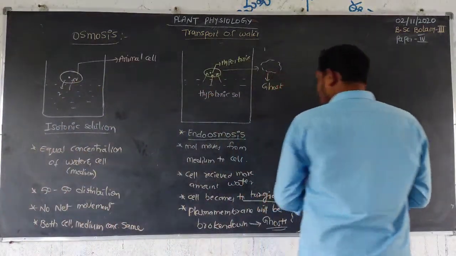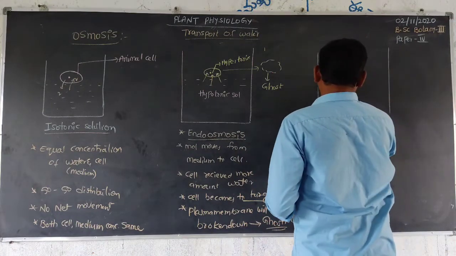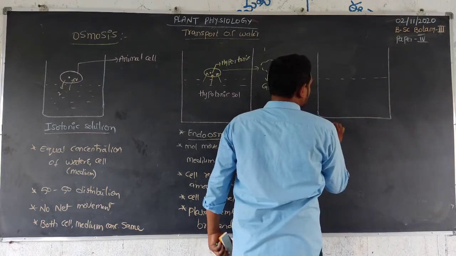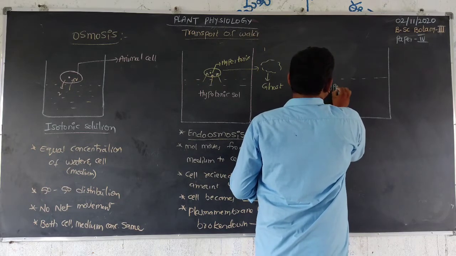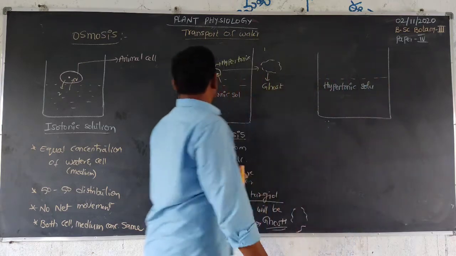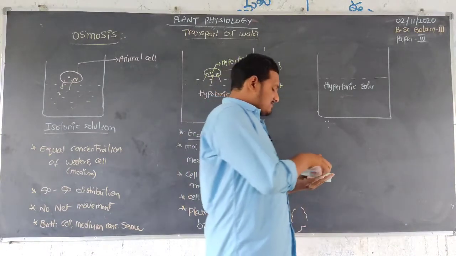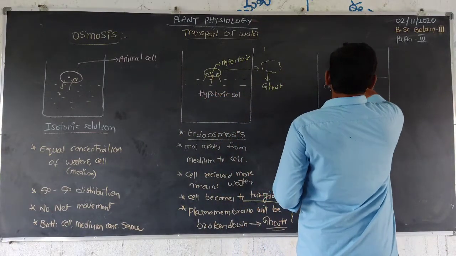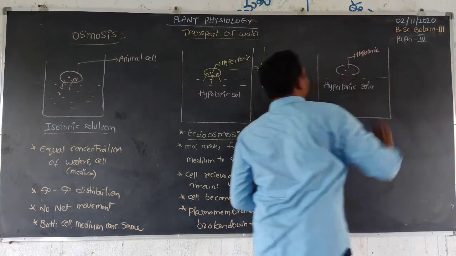Next, one more solution. This is a hypertonic solution. It means the medium content is highly concentrated, while the cell content is in a hypotonic condition.